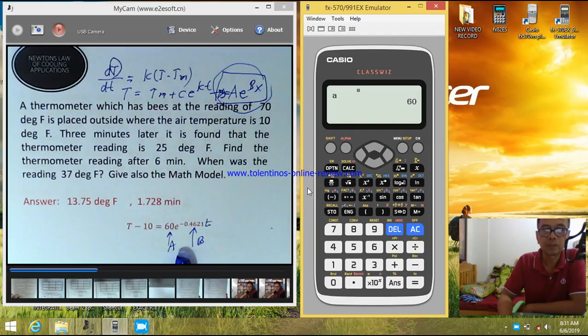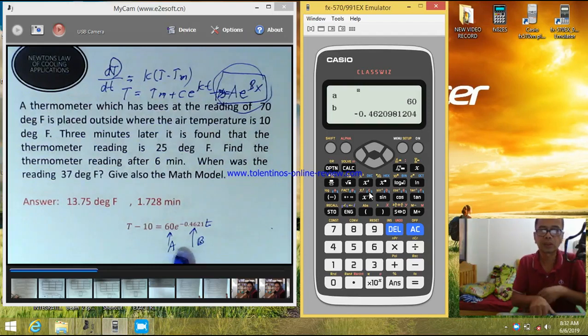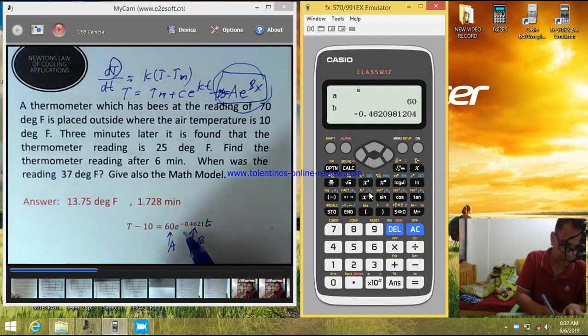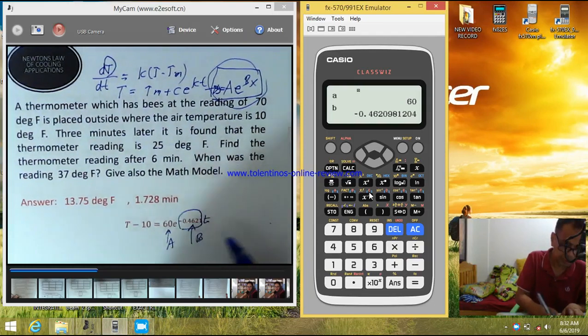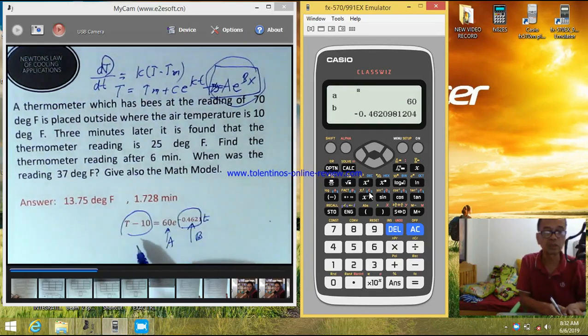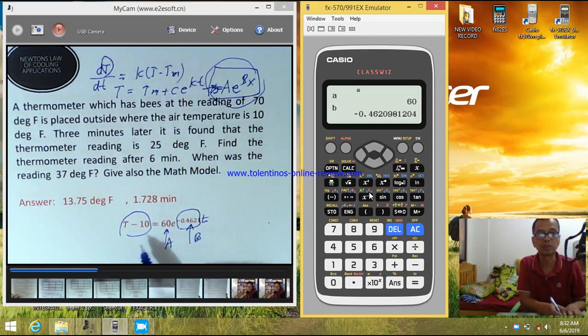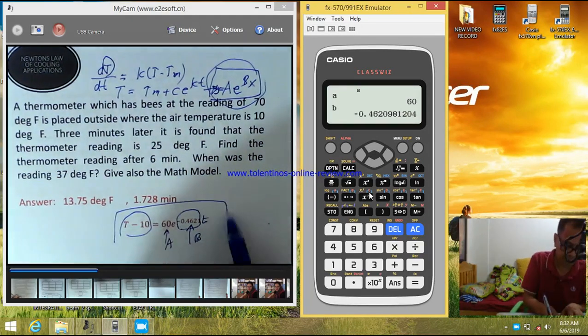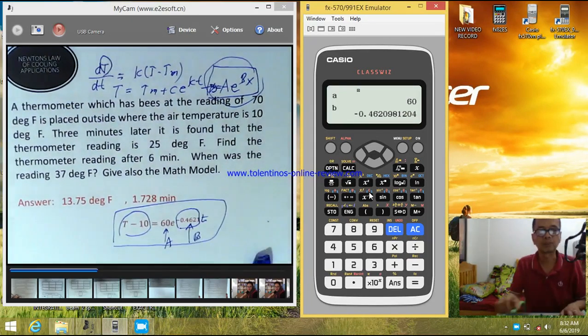And then to get the value of B, enter option down, then number 4, then find that B equals. So you get this value already. And then insert a T. T minus 10 is of course the difference between the temperature and the medium. So this is now our mathematical model.